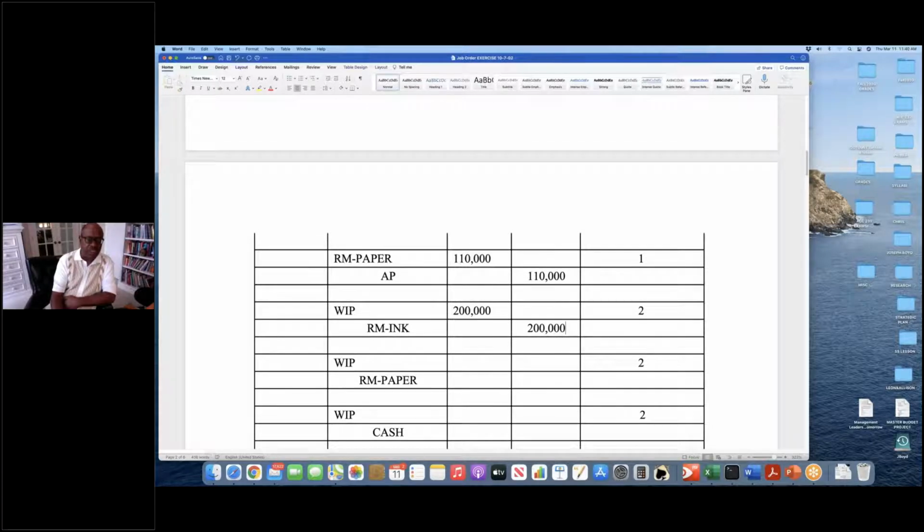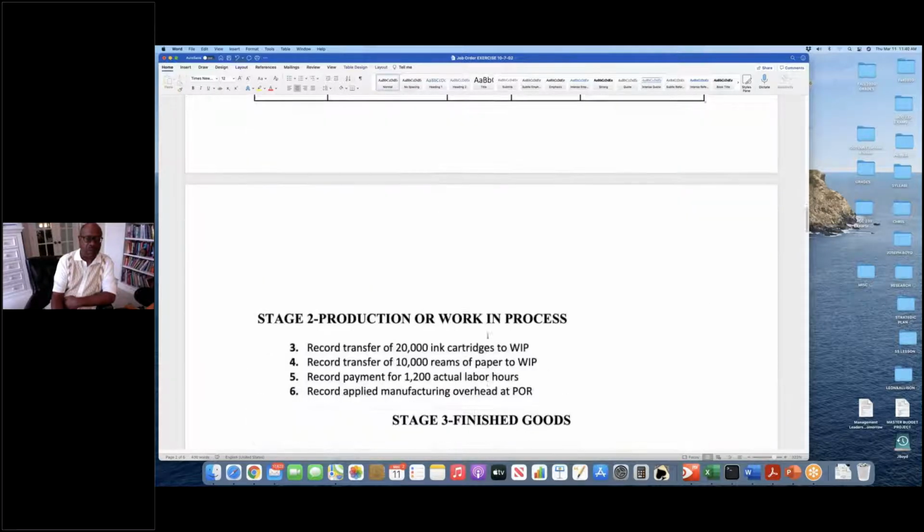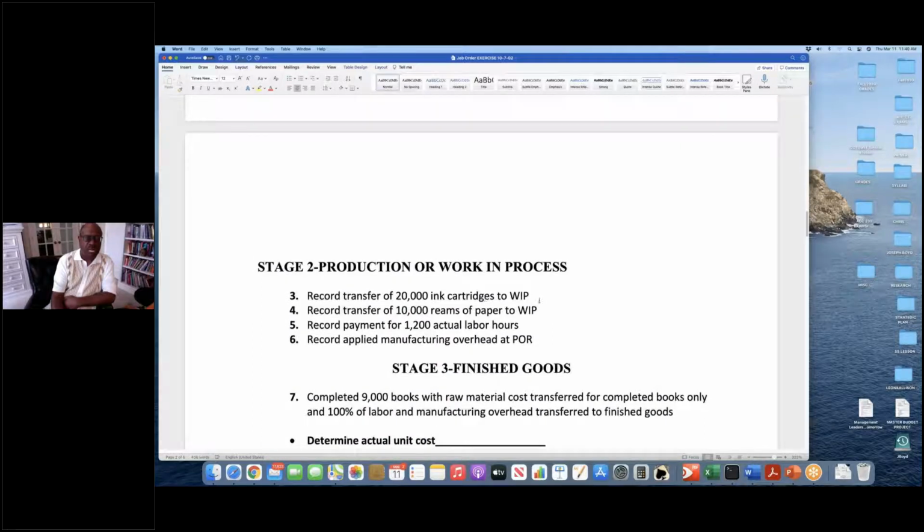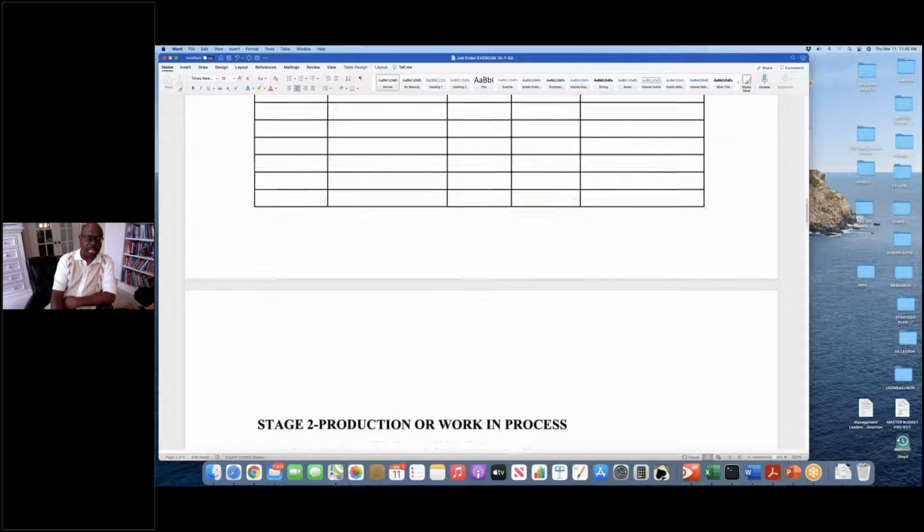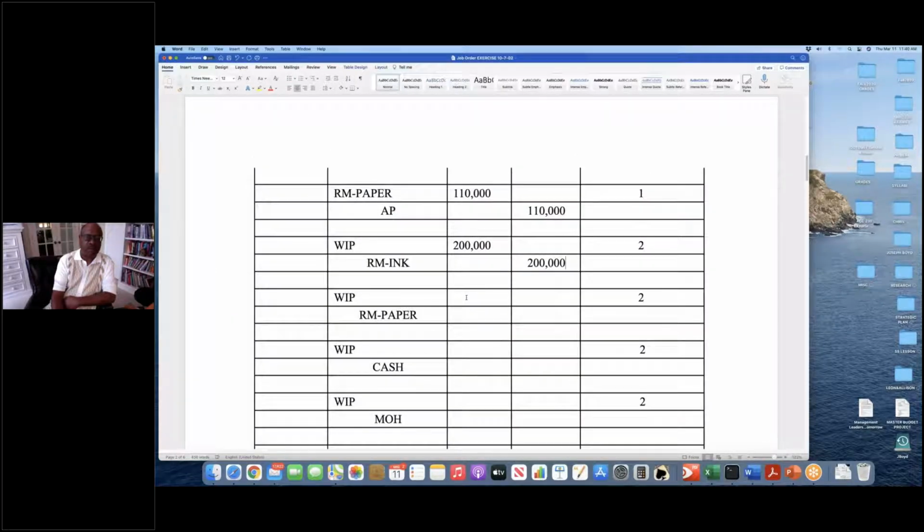So the journal entry is standard, 20,000 at 10. Then the paper's coming in, 10,000 at 5. So how much is the paper going to be? 50,000.